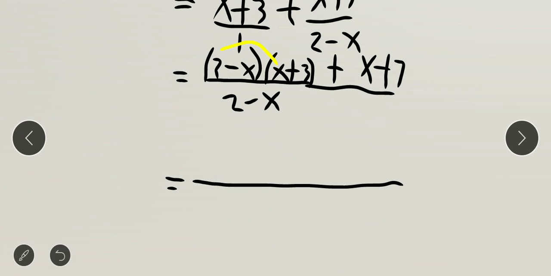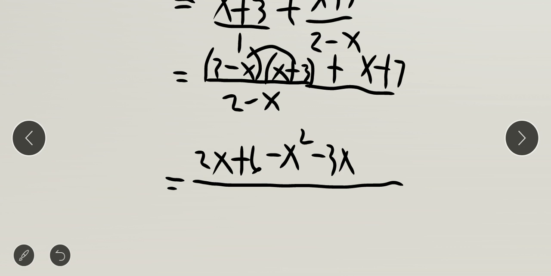That would be equal to 2x. 2 times 3, that would be equal to positive 6. Negative x times x, that will be equal to negative x squared. Negative x times 3, that would be equal to negative 3x. And we have to copy this part. So plus x plus 7 over copying this, which is still our denominator.